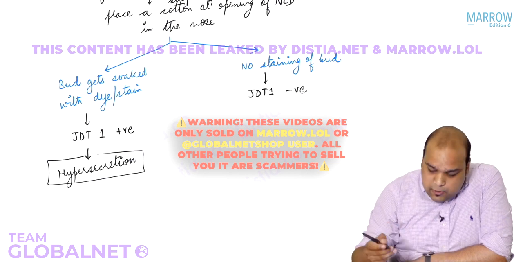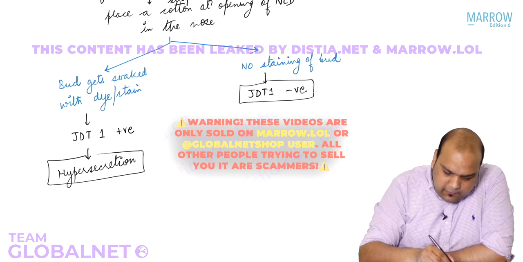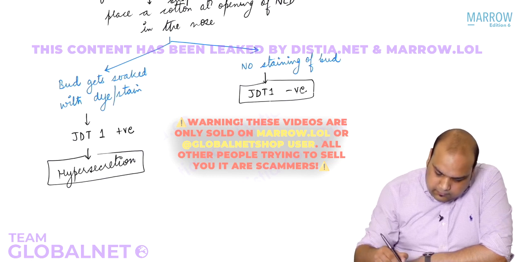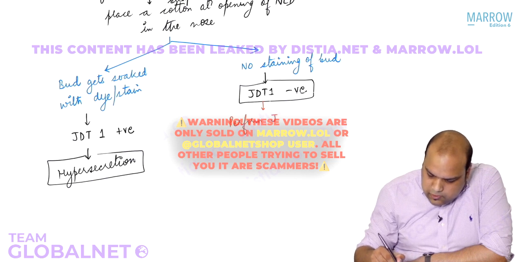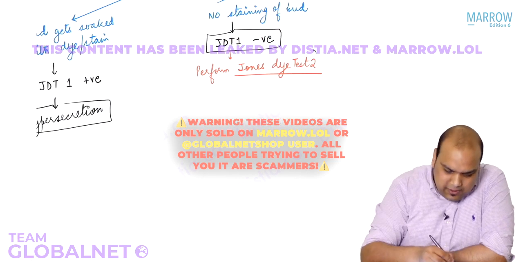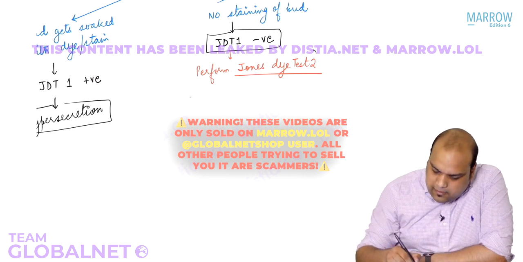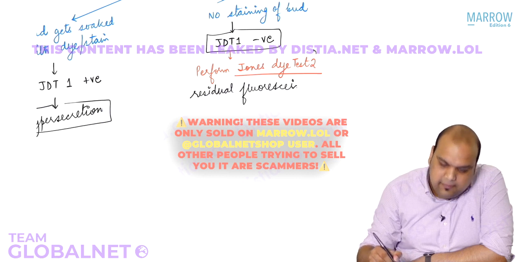Okay, everybody? So if Jones dye test 1 is negative, then we perform Jones dye test number 2. What is Jones dye test number 2, everybody? Residual fluorescein, that is still somewhere in my pathway, everybody.